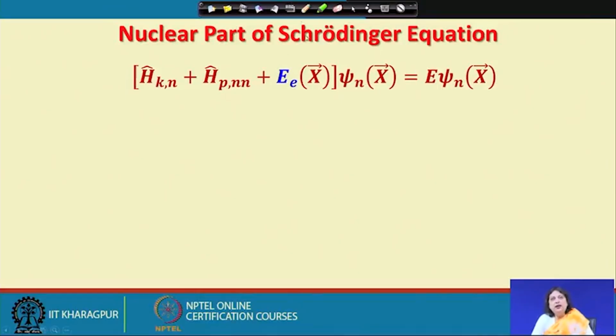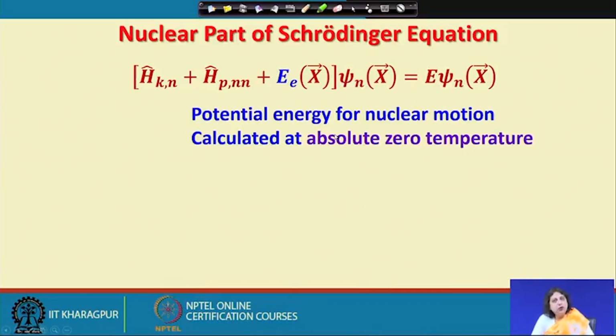Now, what is the use of this molecular potential energy surface? If I write down the nuclear part of the Schrodinger equation, I find that this electronic energy actually plays the role of the potential energy on which the nuclei move. Therefore, here comes the importance of the electronic energies for fixed geometry of the nuclei, because the solution of the electronic Schrodinger equation gives me the potential energy for nuclear motion.